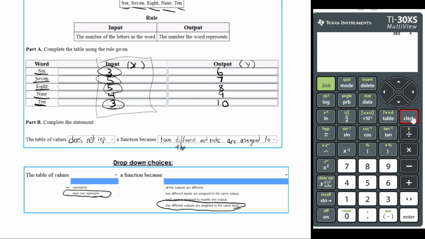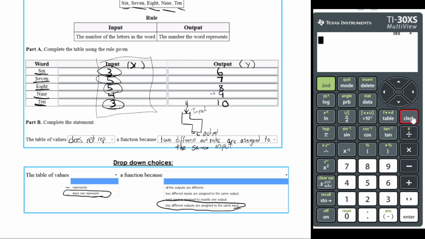Okay? When you think of functions, think of it like a machine. If I have a machine here, this is my input, and this is my output. For it to be a function, I should be able to predict what's going to come out at the other end of the machine. If I put in 4 for this relation, what's going to be the output?